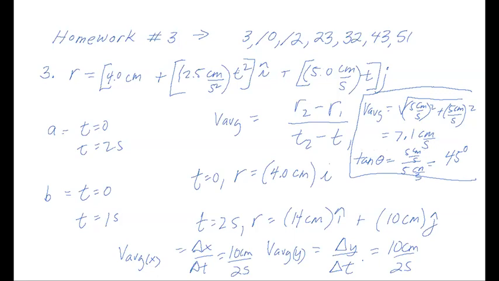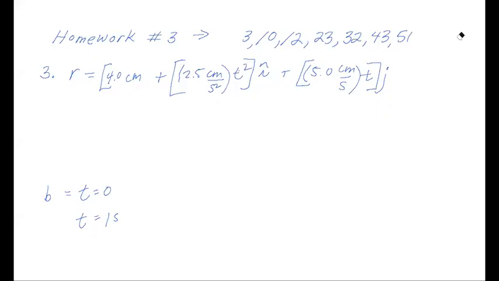All right, so that is 3A. Let me get myself some board space and I'll continue. Now for B, I'm supposed to get the instantaneous velocity at those two values.